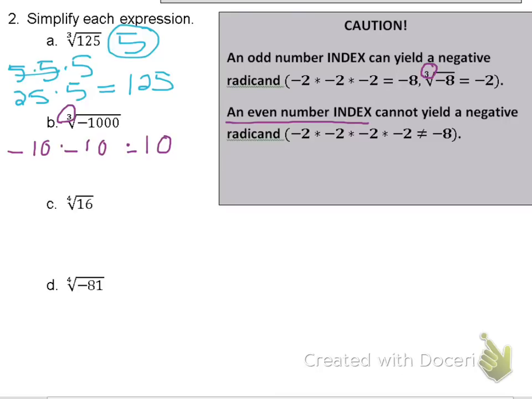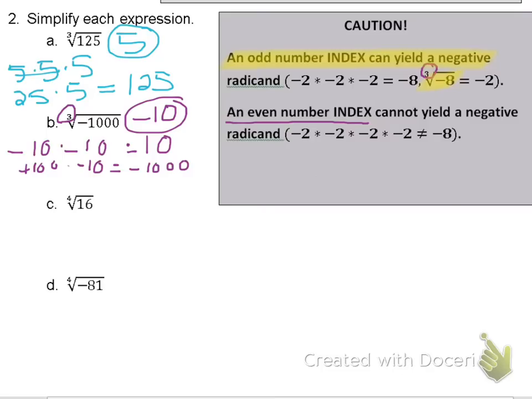They all have to be negative if you use the negative. So negative 10 times negative 10 is positive 100, times another negative would be a negative 1,000. So that means the cubed root of negative 1,000 is negative 10. Now notice that goes with this rule in the box that an odd number index can yield a negative radicand.